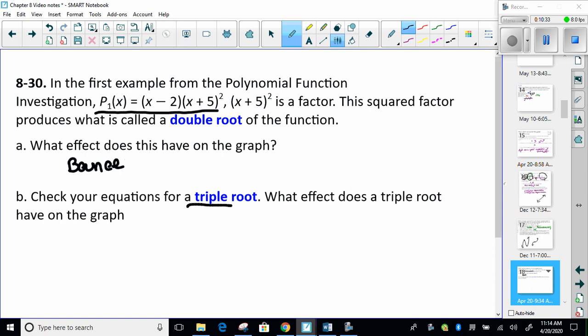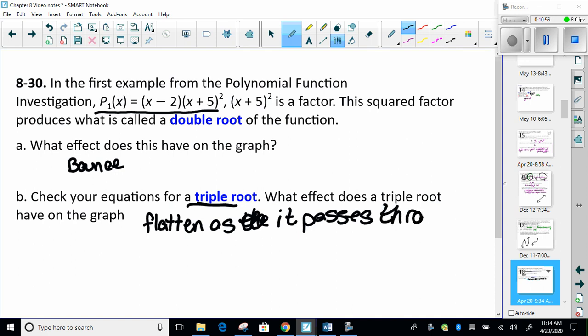Versus if you have a triple root or a fifth or whatever it happens to be, the triple root is still going to go through. So odd roots are still going to cross through your x-axis. It's going to flatten as it passes through the x-axis at this root.